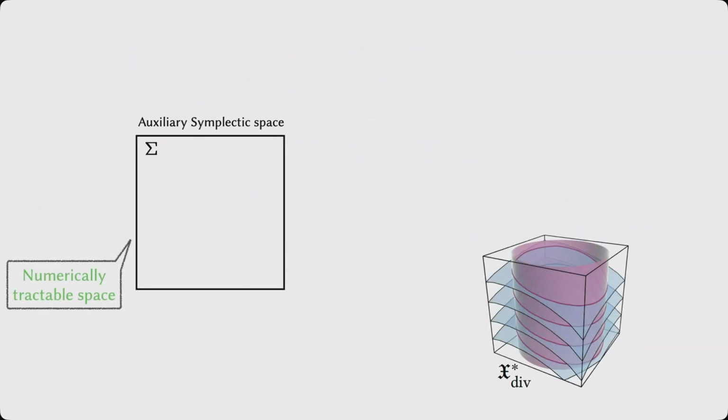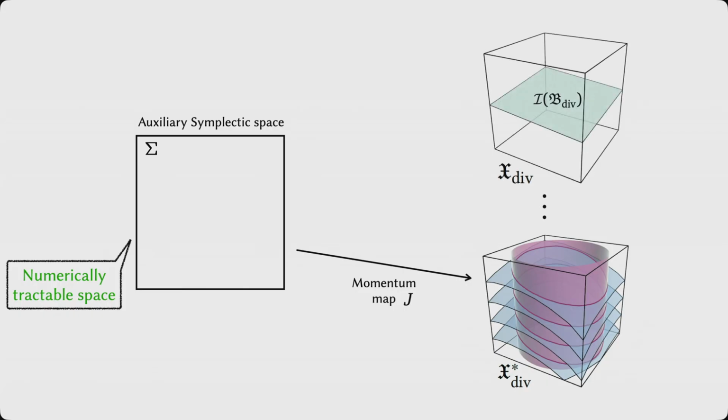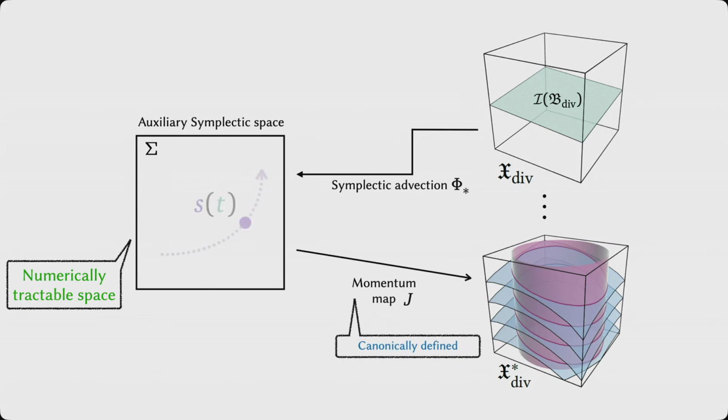So how do we solve this? To do this, we need to, again, use some geometric insights. We're going to prepare some other auxiliary symplectic space that, this time, is numerically tractable. Unlike that one, it is not infinite dimensional. And then we're going to use this concept of momentum map. This concept tells us that whatever happens here is exactly the same as this. It makes sure that the physics are the same. But this is not a hard thing to achieve between two spaces.